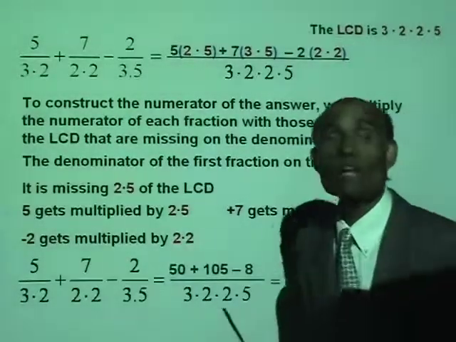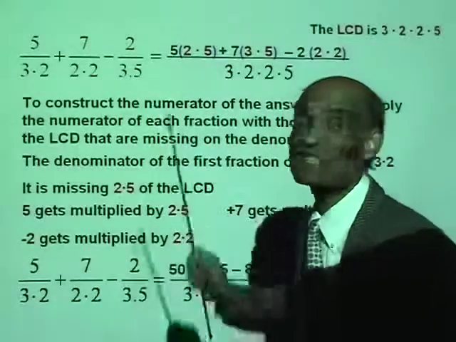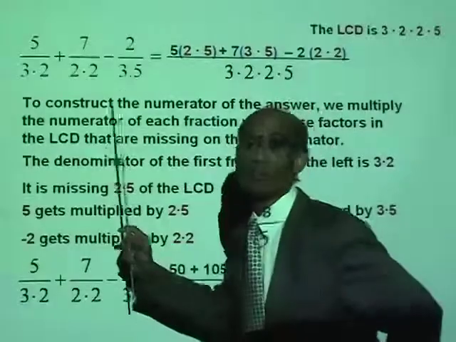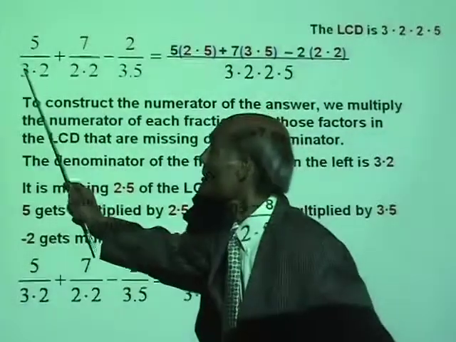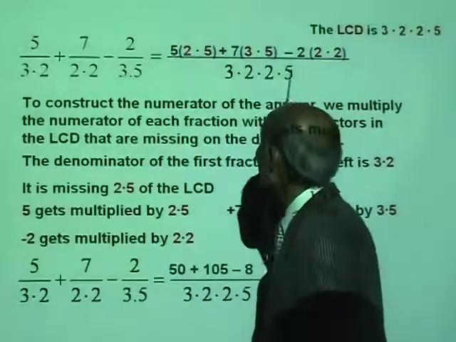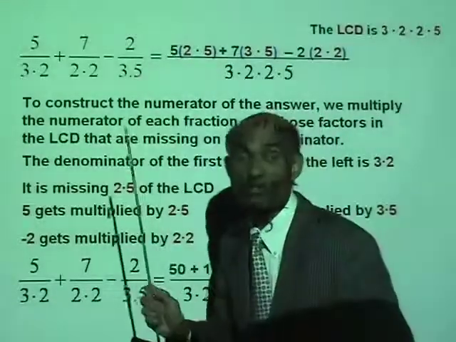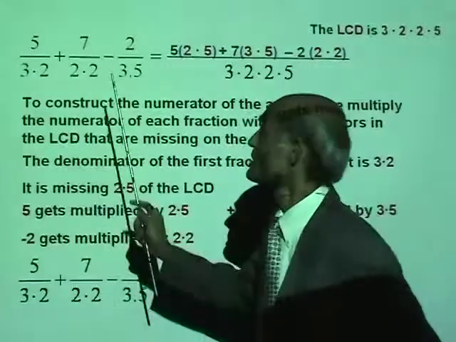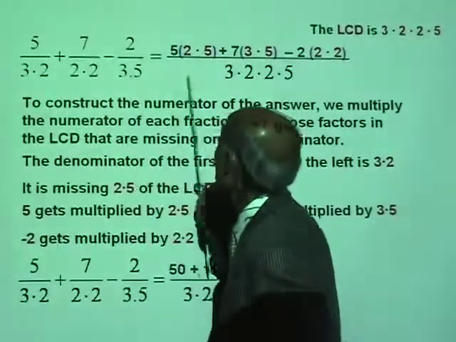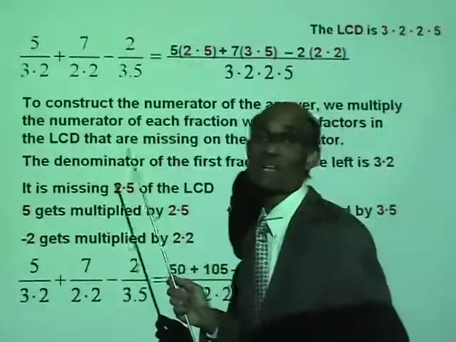Now what have we learned from this method? Well, first of all, we factor each denominator and pick the LCD without repeating factors. So we have 3 times 2 times 2 times 5 as the LCD.